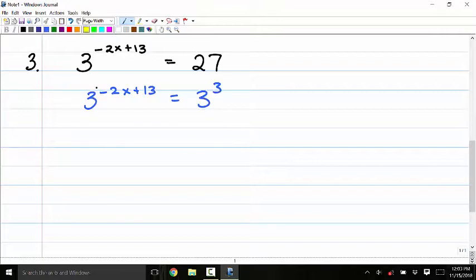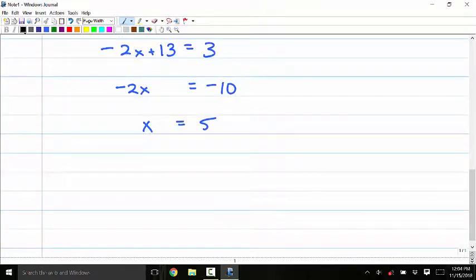Get rid of both bases of 3, and you're left with negative 2x plus 13 equals 3. Now what? Minus 13 on both sides. So negative 2x equals 3 minus 13, which is negative 10. X equals 5. Good.